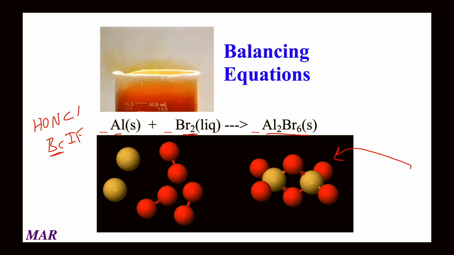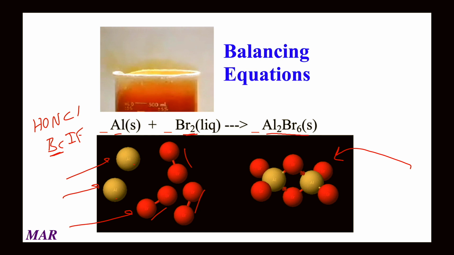Al2Br6 looks like this thing right here, and we're starting with individual aluminums and also Br2s. And you can see here how there's 6 atoms of bromine on the right, and this has been conveniently drawn as 3 Br2s, which would be 6 atoms. And you've got 2 goldish aluminums on the product side, and that's why there's 2 aluminums right there.